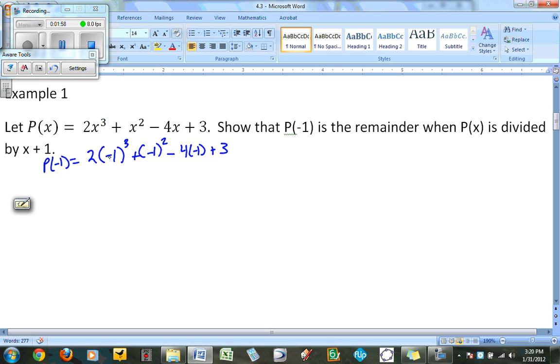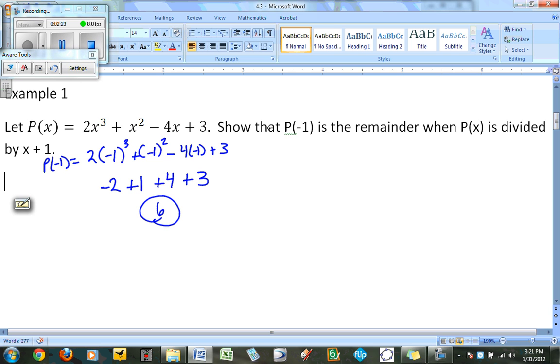Well, -1 cubed is -1 times 2 is -2. -1 squared is +1, so +1. -4 times -1 is +4, and then plus 3. So -2 plus 1 is -1, plus 4 is 3, plus 3 is 6.